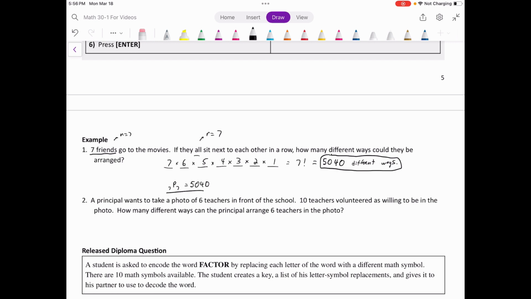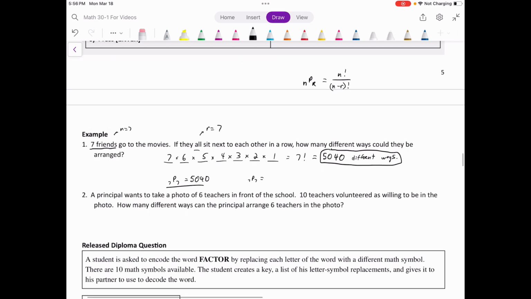We could also confirm with the formula that 7 permute 7 is n factorial. So here, I'll just write it up here. nPr is n factorial over n minus r factorial, okay? So looking here, our n is 7 factorial, over 7 minus 7 factorial, right?